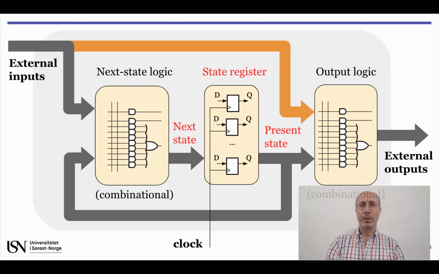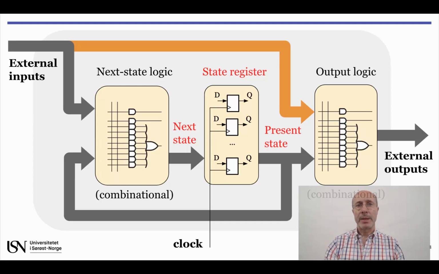The output combinational logic block on the right is driven by the present state nodes and defines the external outputs. You may have noticed that there is a direct connection represented in a different color from the external inputs to the output logic block. The reason for using a different color is that this connection may or may not be present, as we will see later in more detail.